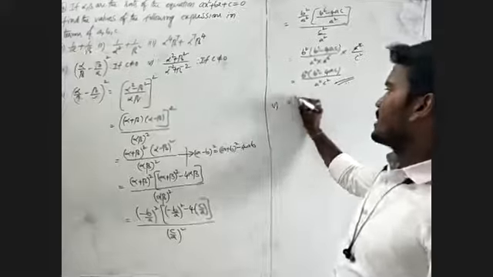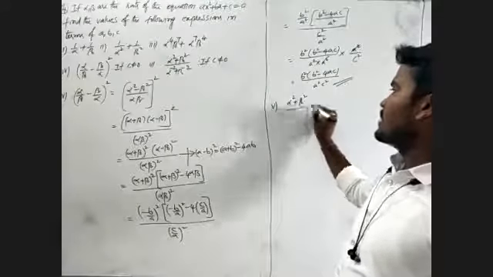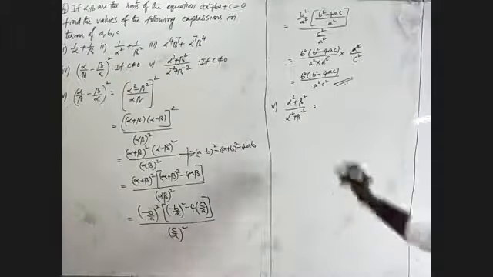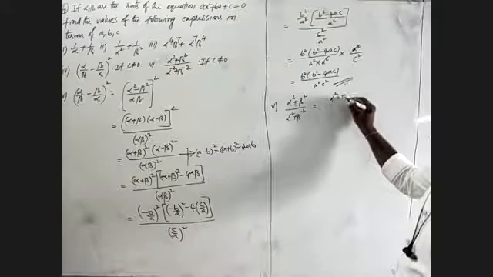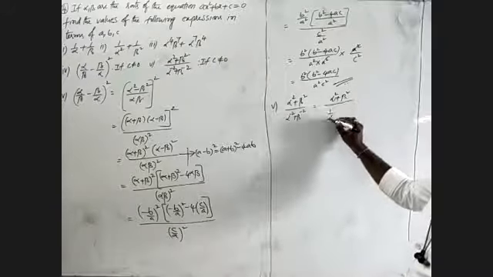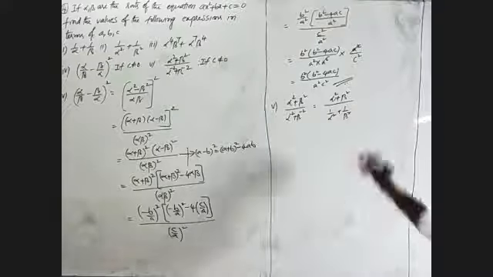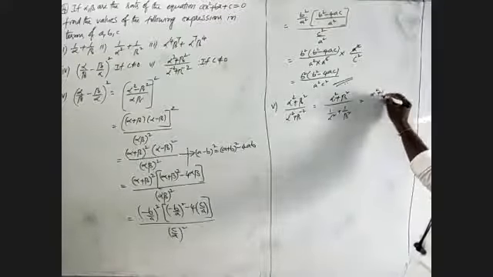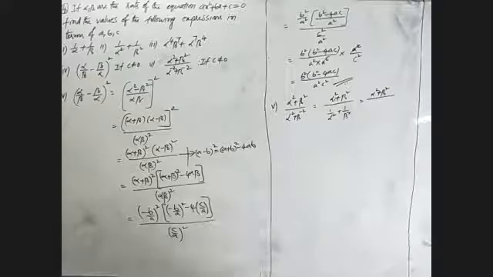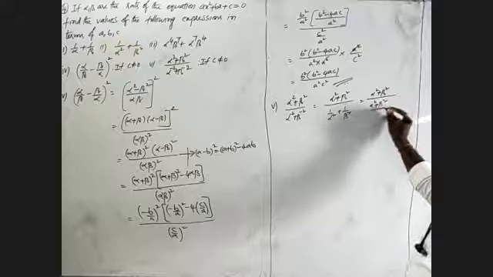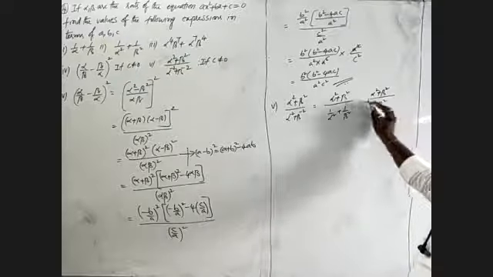Now I am going to the last one, that is alpha square plus beta square by alpha power minus 2 plus beta power minus 2. I write alpha square plus beta square by 1 by alpha square plus 1 by beta square. Using the LCM, alpha square plus beta square by alpha square beta square.